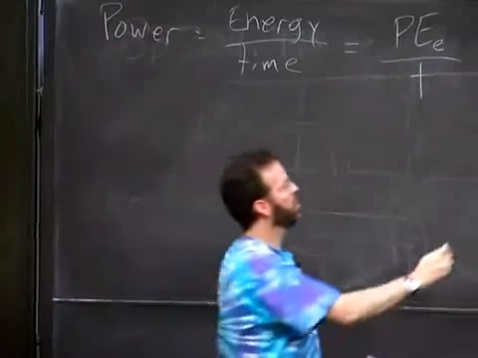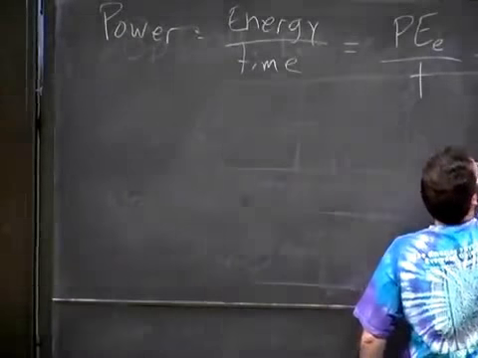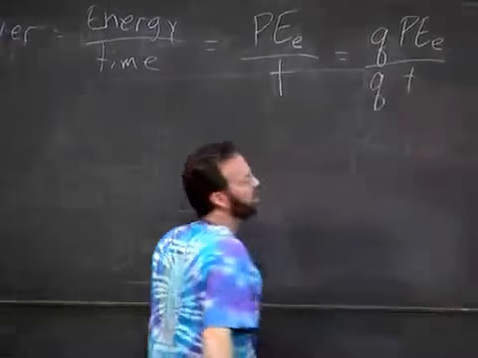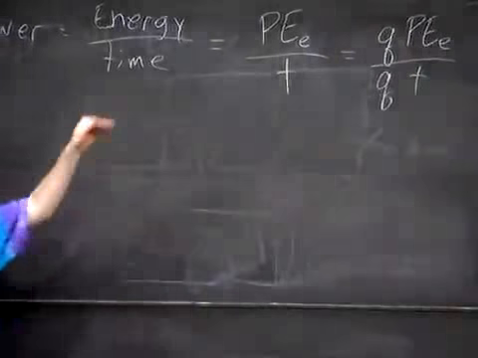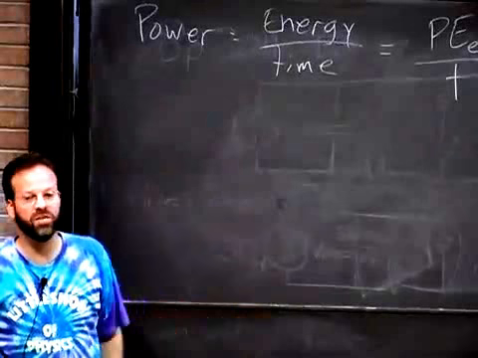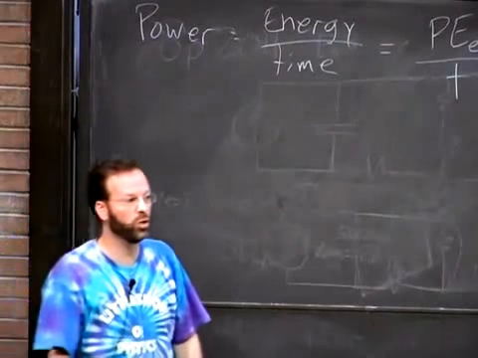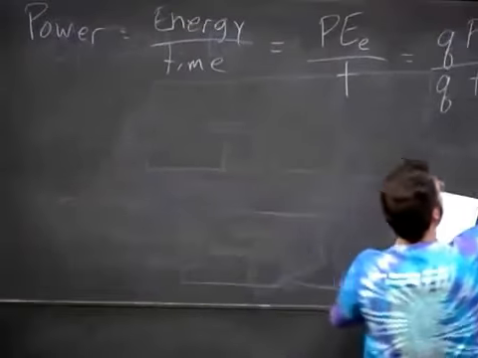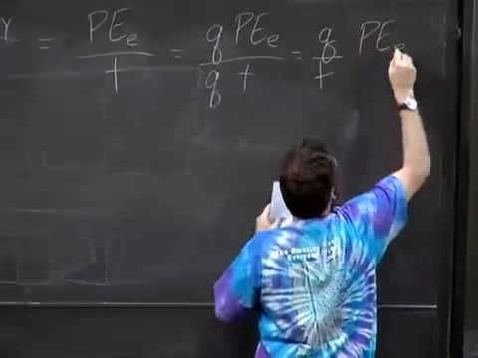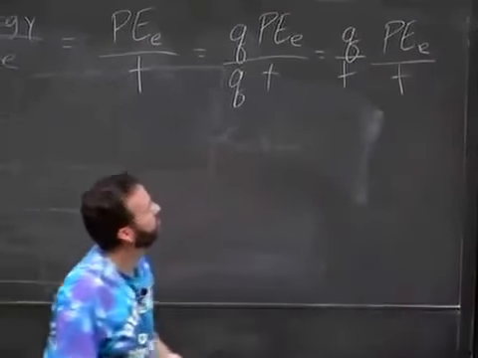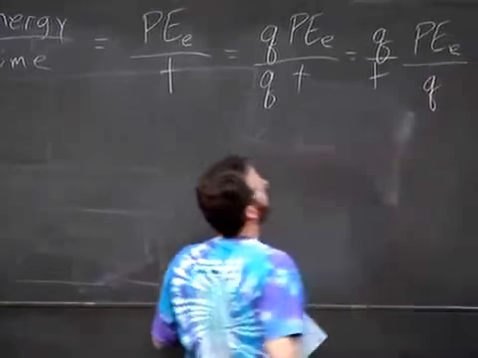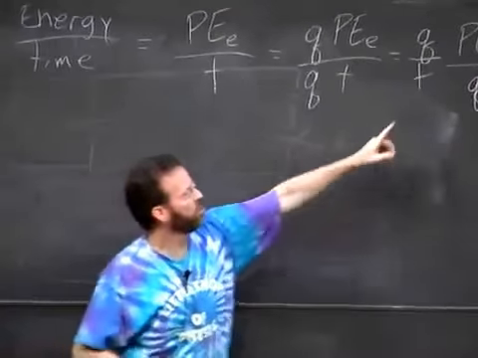All I'm going to do now is multiply both by charge. You see that keeps the ratio the same? Same charge on top, same charge on the bottom. However much charge is involved in your circuit. We'll just represent it with Q. And then rearrange those. Who remembers what this one is?